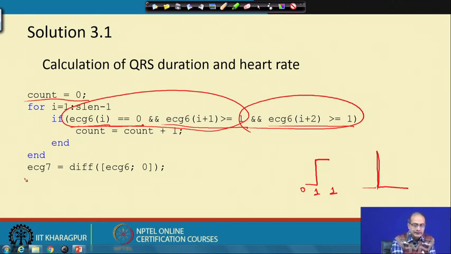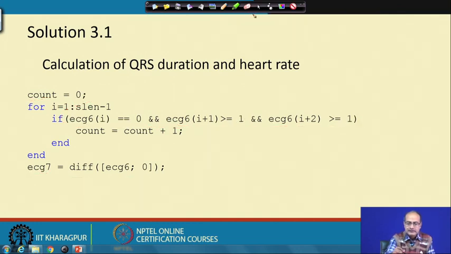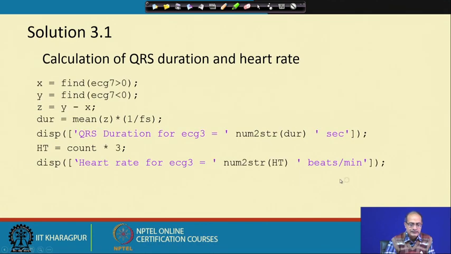Next thing, recall that we have ECG 7. By taking the differentiation here we have added a 0 at the end, so that after the differentiation we get an equal number of samples as in ECG 6. Okay. So, that will give us the output of the differentiation, and let us see how we make use of that ECG 7.